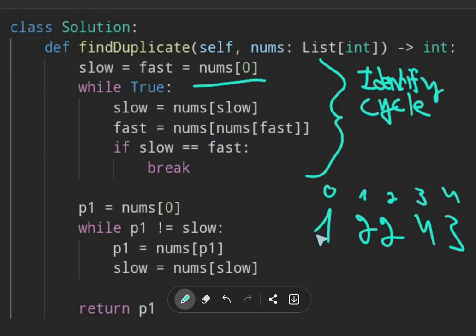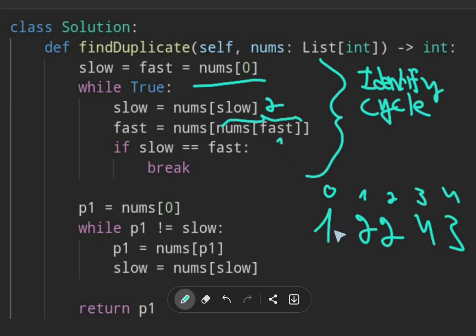Why? Let's say that the fast is here. So first we take nums of fast. Because fast is now 1, nums of 1 is 2. And then, because the result is 2, nums of 2 is again 2. So you see, this is how the fast is moving two places.